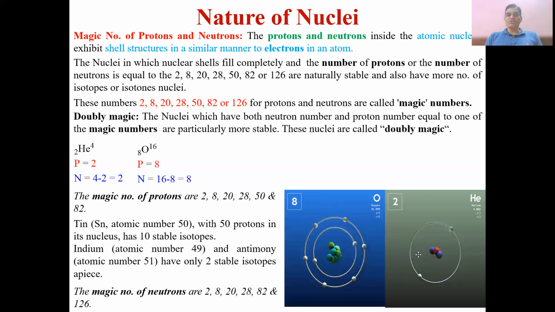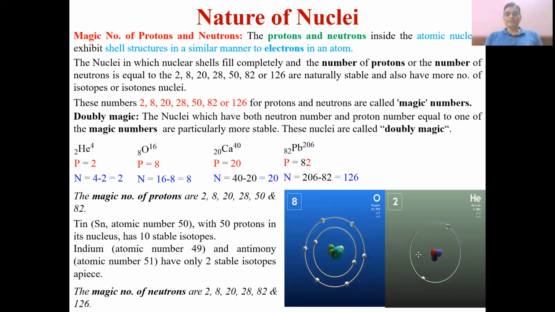Similarly, in the case of oxygen, the number of protons is 8 and the number of neutrons is 16 minus 8, which is equal to 8. So it also comes in the category of doubly magic nuclei. Next is calcium, whose atomic number is 20 and mass number is 40. Here the number of protons is 20 and the number of neutrons is 40 minus 20, equal to 20. So calcium also comes in the category of doubly magic nuclei.